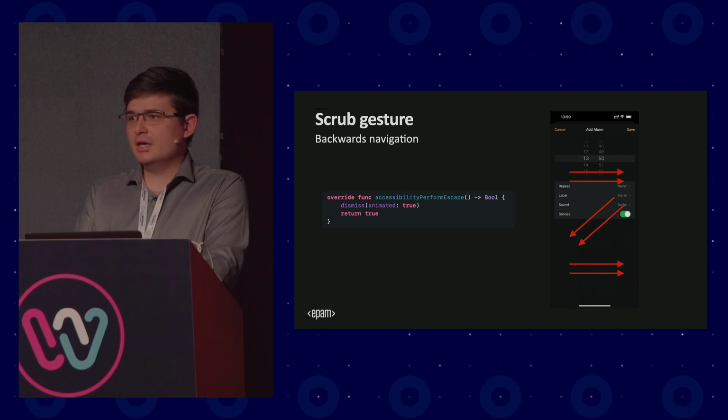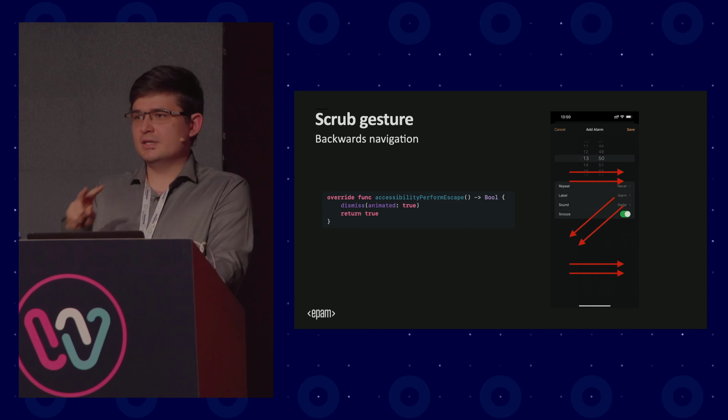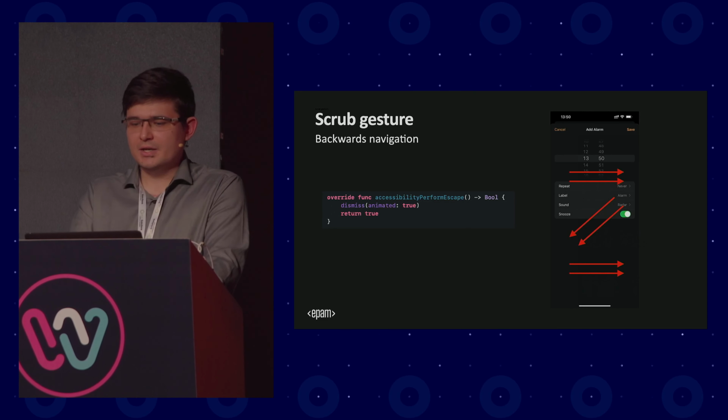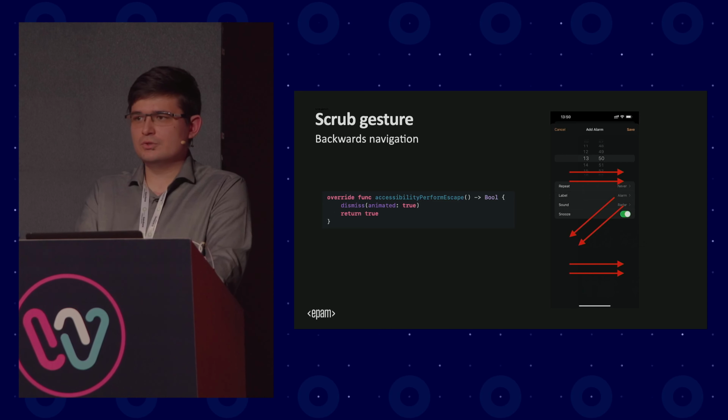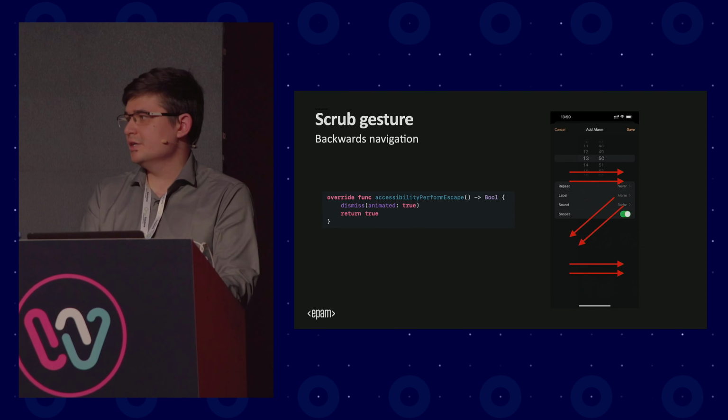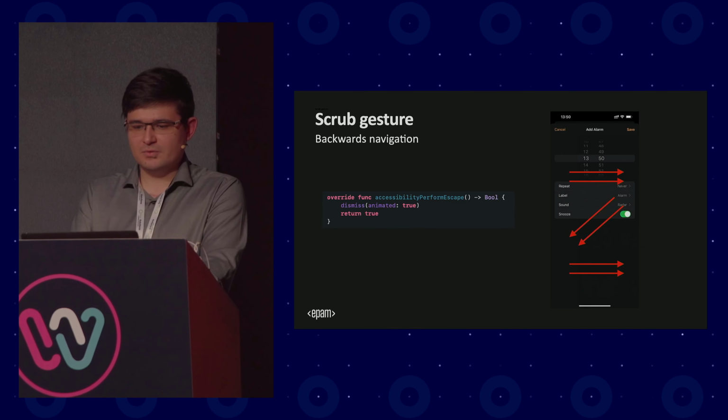So basically, user may draw a Z anywhere on screen, and this gesture will bring them back right to the previous screen. So great thing that your navigation controller, your popover controller, and native modules have already built-in support for this gesture. But if you want to add it, for example, for a custom screen or collection, just override the accessibility perform escape function and do your code there.